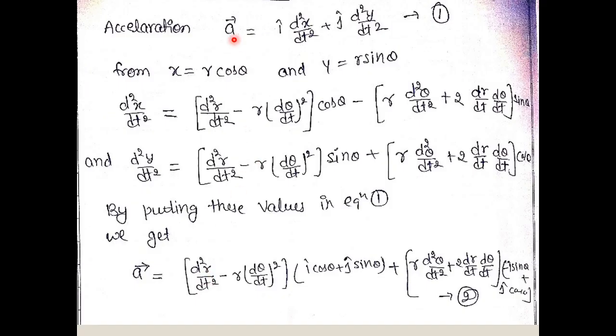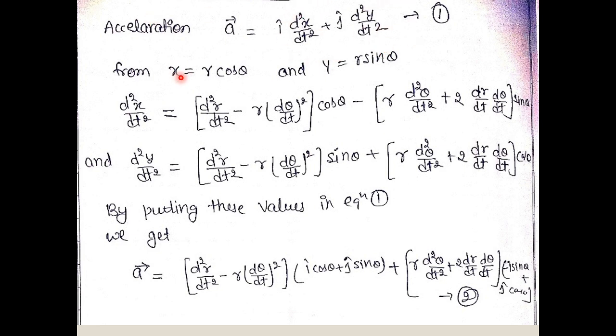Now we know the acceleration of the particle will be a equals i cap d2x upon dt2 plus j cap d2y upon dt2, because we are taking the motion in two dimensions. So we can say a equals ax i cap plus ay j cap, with this ax and this ay.